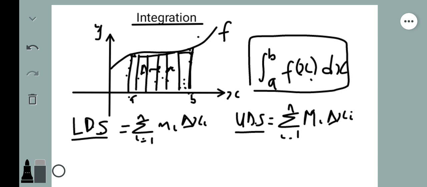That is, the total number of finite rectangles that cover the area is called the upper Darboux sum. So I'll show you some diagrams quickly and you get more enlightenment.